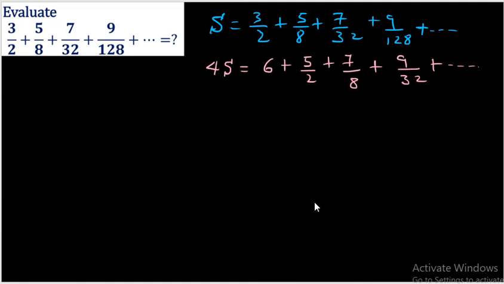When you multiply both sides by 4, the left-hand side becomes 4s, and on the right, 3/2 times 4 gives 6, plus 5/2, and the next 7/8, plus 9/32, and it continues in this pattern.